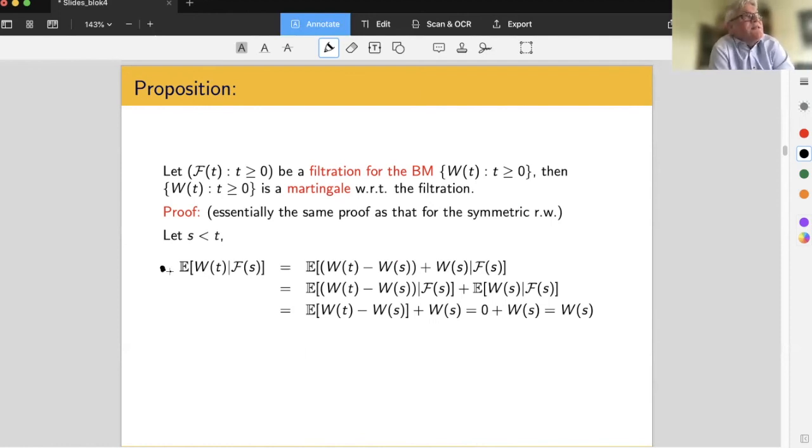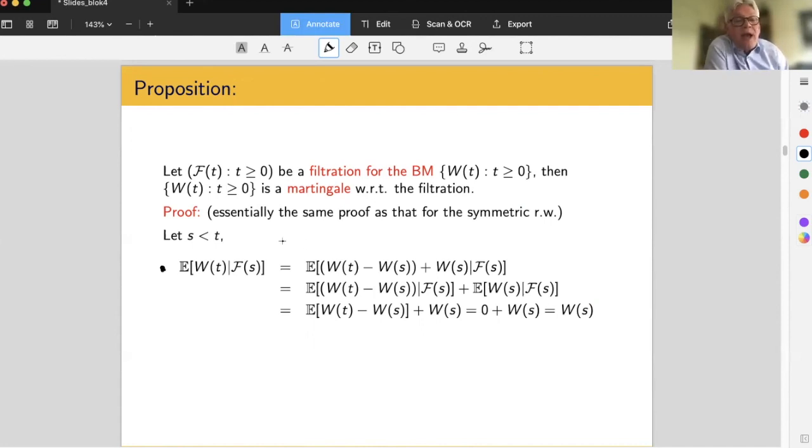We want that to be equal to W_s. That is a property of the martingale. So the best estimate for the expected value of a process is the value of the process up to time s. If we know the process up to time s, then the best estimate is the value that we know. It is something like a definition of a fair process.